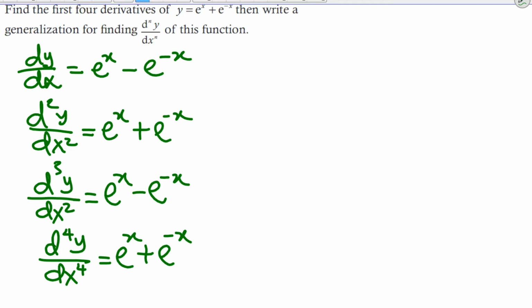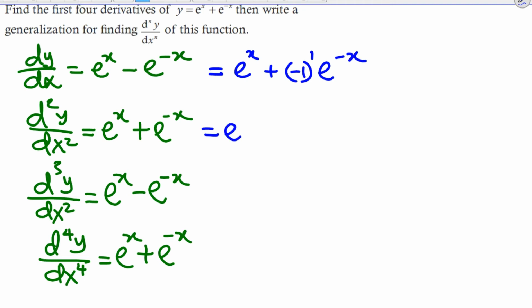So we can generalize this. And this is the pattern, because these are powers of -1, the coefficients of e to the power negative x. We can write this as e to the power x plus -1 to the power 1 e to the power negative x, which will basically give you the same thing.